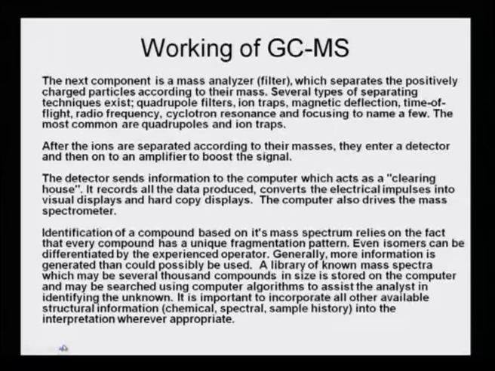There is an advantage that a library of known mass spectra, which may be several thousand compounds in size, is stored in the computer data and may be searched using a computer algorithm to assist the analyst in identifying an unknown compound. It is important to incorporate all other available structural information, chemical, spectral, and sample history, into the interpretation wherever appropriate.